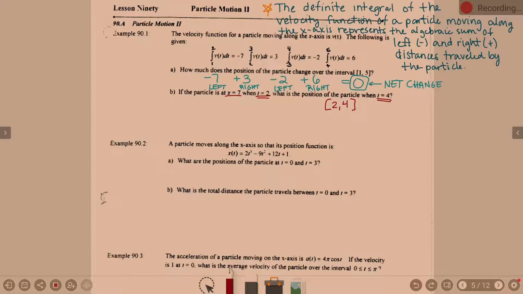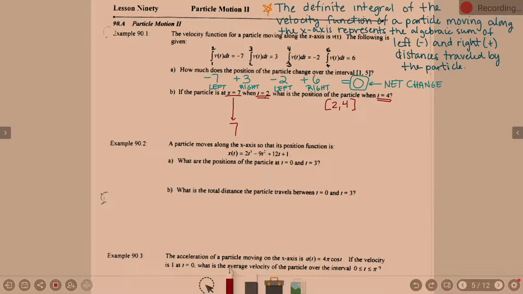Where do we start? We're starting at a position of 7. What do we do from that position of 7? What's the first thing I'm going to do? Well, we know that that's at t equals 2.